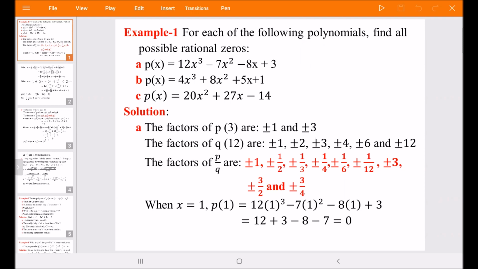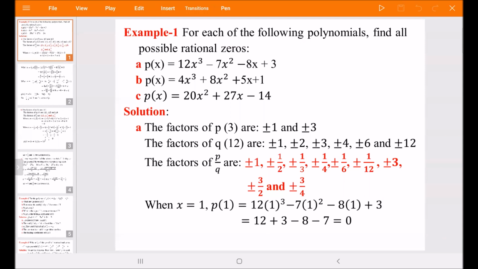If they are not integers, then we must do some calculation to make the coefficients all integers. In examples A, B, and C, because the coefficients of the polynomials are all integers, there is no need for such calculation.